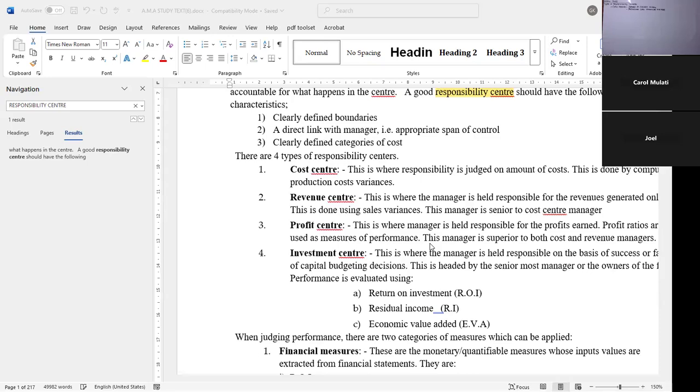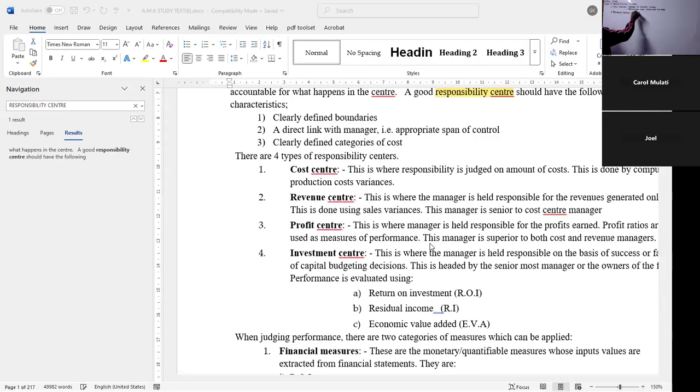Haya. So, the next one is revenue center. Now, revenue center, it is judged based on revenues.